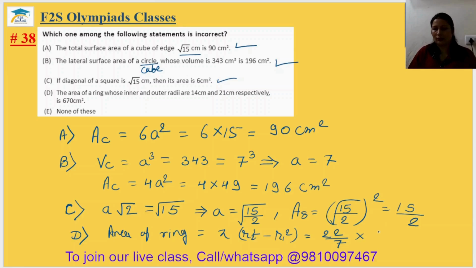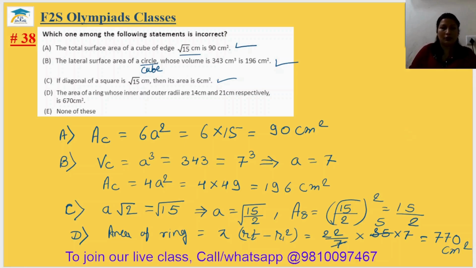It will come as 35 into 7 using the identity a square minus b square. So 7 5s are 35, and 35 times 22, you will get 770 centimeter square. But in the question, it is given as 670 centimeter square.